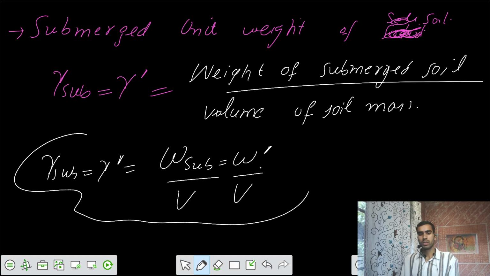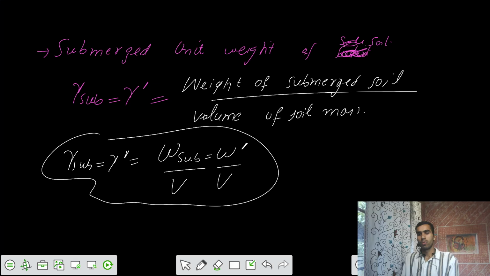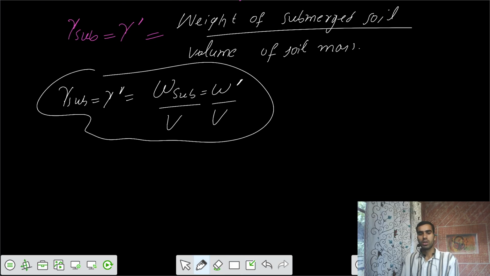This is the equation. And this means that your soil is submerged inside the water. Because of that, we have the concept of buoyancy. So there will be some buoyant force acting on the soil solids.